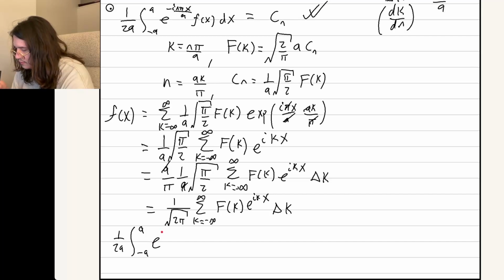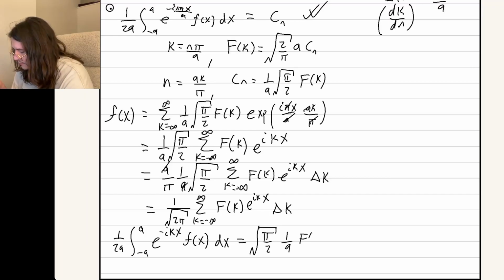We already saw that this just goes now to minus i k x. We have f of x, we got dx. On the right-hand side we have square root of pi over 2 divided by a times F of k.